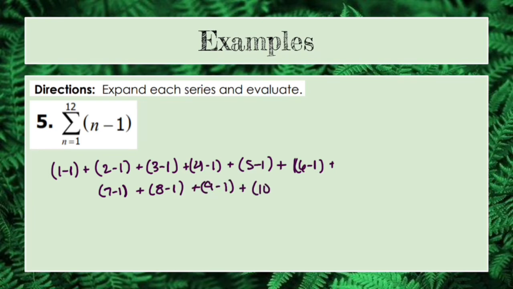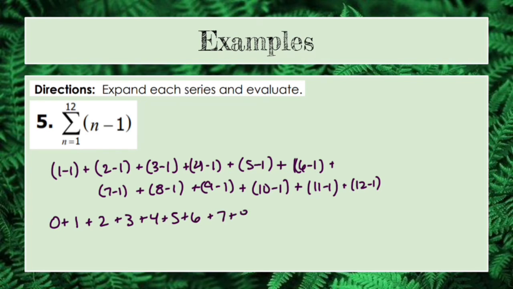Plus 10 minus 1 plus 11 minus 1 plus 12 minus 1. So 12 is the last term we want to use. And when we simplify this, we're going to get 0 plus 1 plus 2 plus 3 plus 4 plus 5 plus 6 plus 7 plus 8 plus 9 plus 10 plus 11, which equals 66.